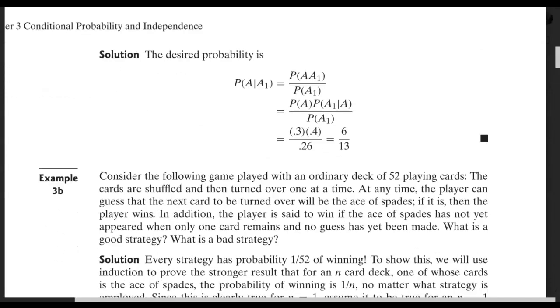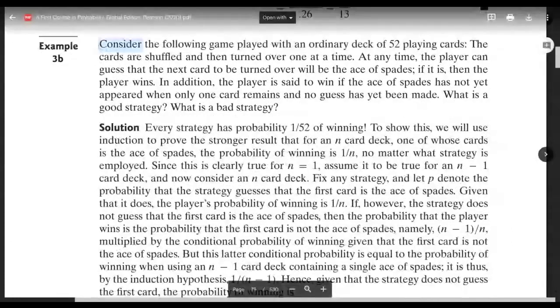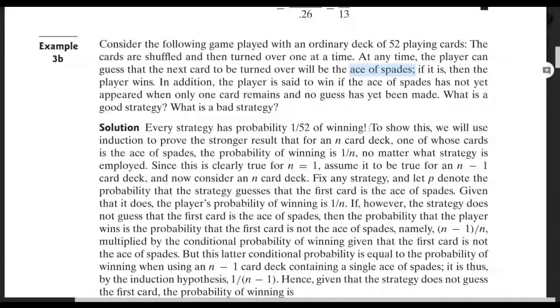Let's see this 3b. Consider the following game played with an ordinary deck of 52 playing cards. The cards are shuffled and then turned over one at a time. At any time, the player can guess that the next card to be turned over will be the ace of spades. If it is, then the player wins.